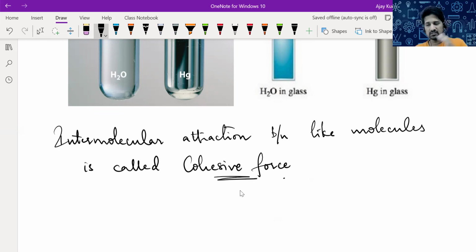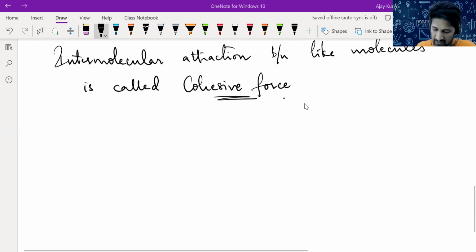Now, when a liquid is in contact with a solid, like water with glass or mercury with glass, there will be some attractive force between the liquid molecule and the solid also. Water and glass will have a certain attraction between them. Mercury and glass also will have some attractive force between them. Mercury is of one kind, glass is of another kind. They are unlike molecules, but the force is attractive only.